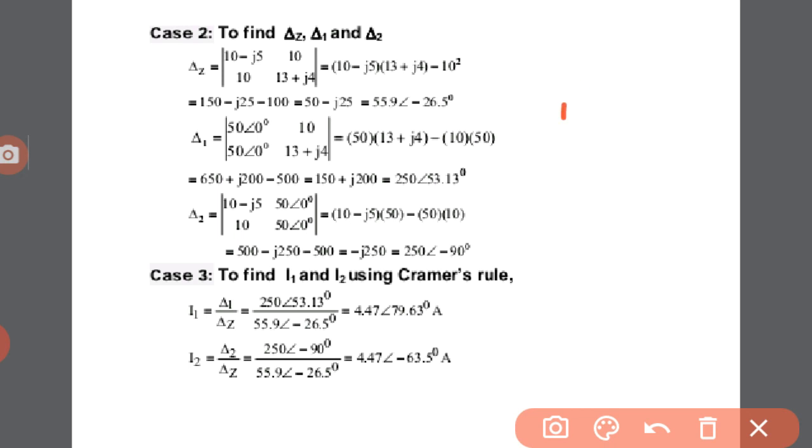In mesh analysis, first write down the number of equations required, that is m is equal to b minus n plus 1. That is, the number of branches minus the number of nodes plus 1 is equal to the number of mesh equations required.